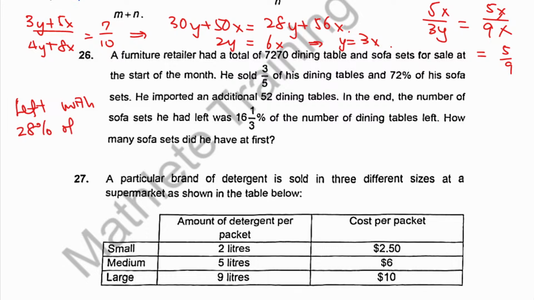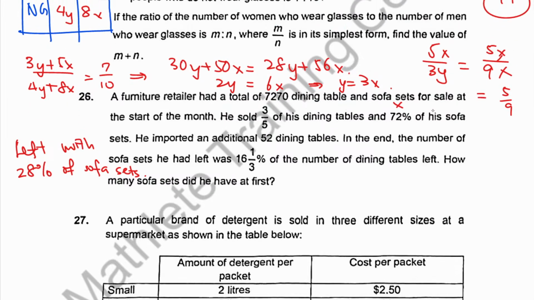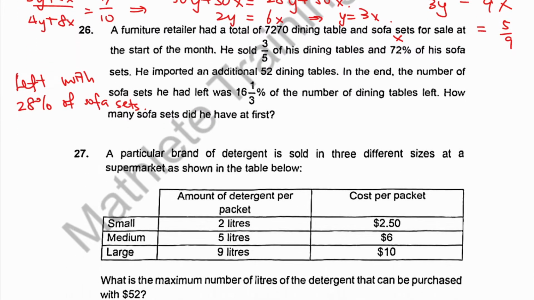So he was left with 28% of sofa sets. Let's say he had x sofa sets at first. Then he had 7270 minus x dining tables. In the end, he had 28% of sofa sets, which is 0.28x. And this is 16 and 1/3%. How do I represent this?